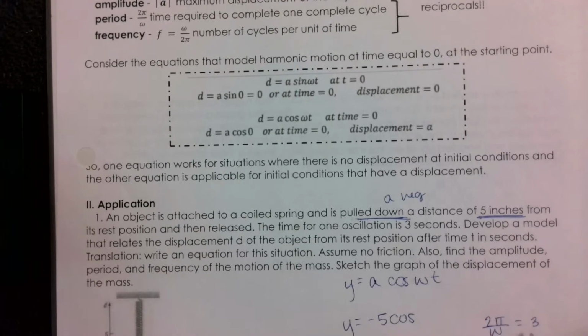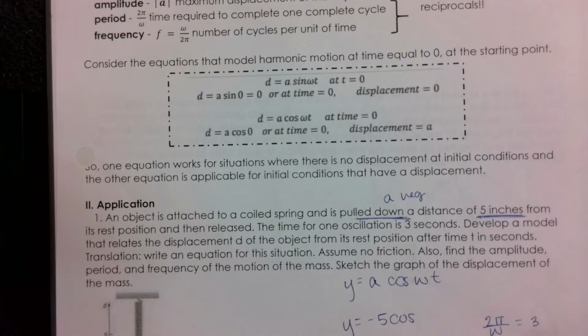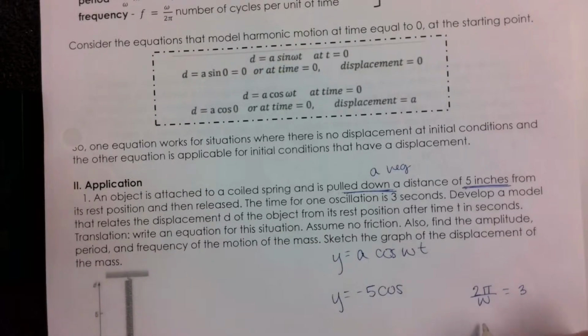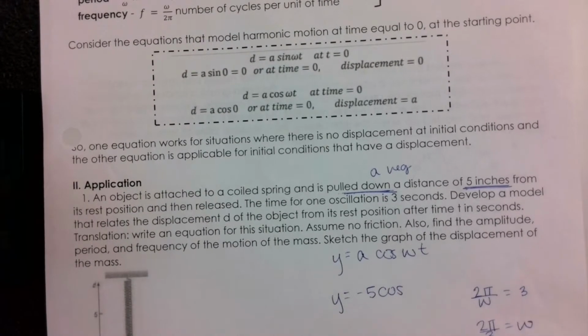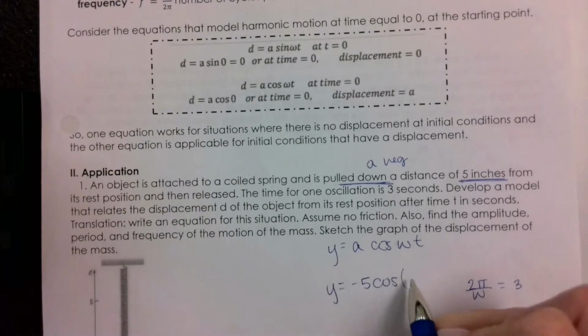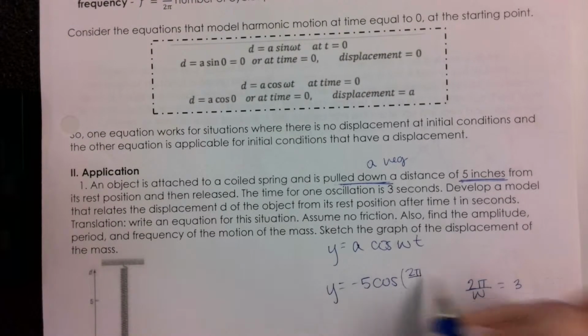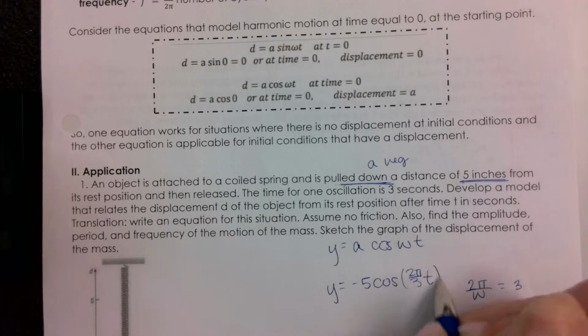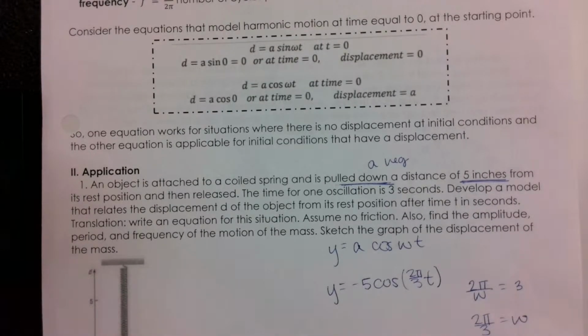Then you solve for ω, so multiply by ω and divide by 3. So that's going to be 2 pi over 3 as that ω value. So that's going to go in right here. 2 pi over 3 t. And that's all that we would put for that.